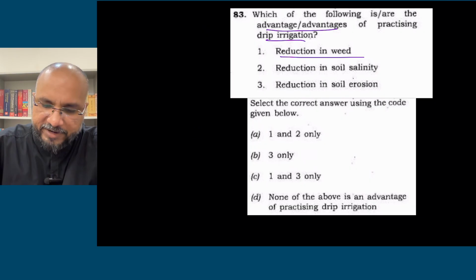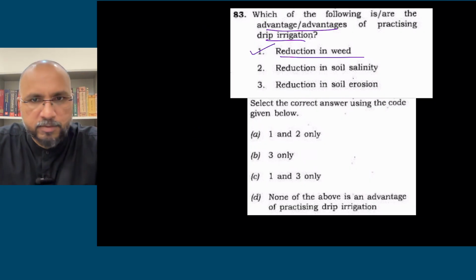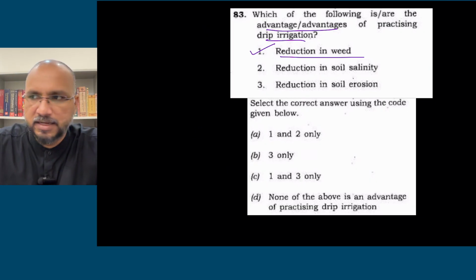So reduction in the weed, yes, we have seen that it is clear, weed problem को कम करता है. सैलिनिटी को कम नहीं करता. Already if your field is saline, drip irrigation will not have any effect, so it will not reduce salinity, right? So normal soil में उसको saline नहीं बनने देता. It can prevent the soil from becoming saline, but it will not reduce salinity.